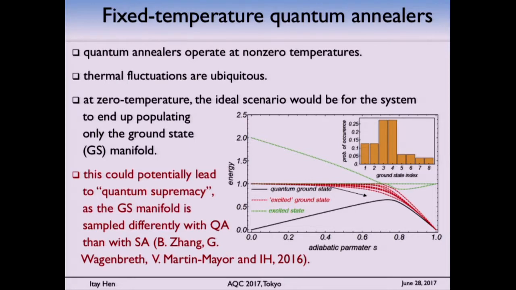And this could even be an origin for a quantum supremacy, just because zero temperature quantum annealers and simulated annealers, for example, sample the ground state manifold very differently. To me, it's a very interesting subject to study, to see how you can utilize the fact that the quantum ground state is different from the classical ground state, or I guess the probability over the ground state manifold.